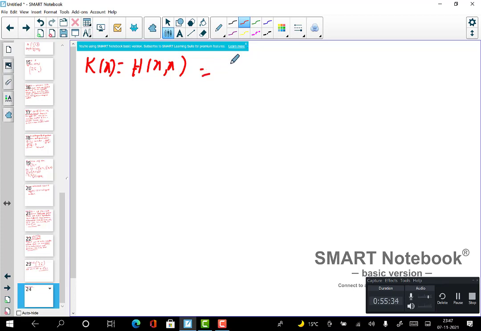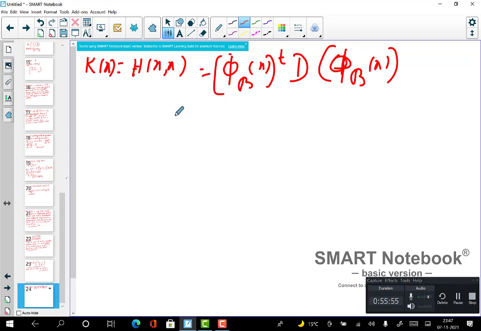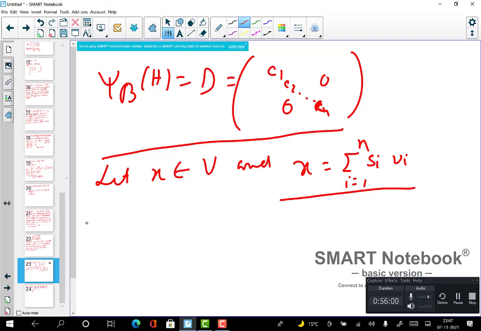So this will be the coordinate map of X with respect to the basis B, transposed, then the matrix D, a diagonal matrix, and then the coordinate map phi B of X. The coordinates of X with respect to this basis are S1, S2, S3, and so on, Sn.